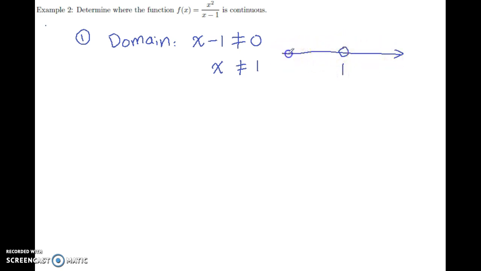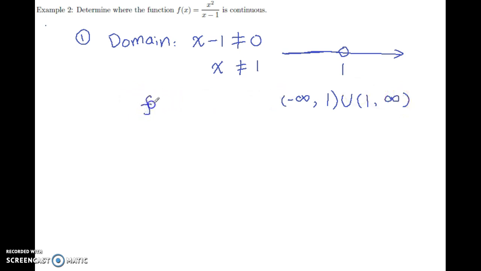So from left to right, it's negative infinity to 1, we cannot take 1, union from 1 to infinity. So that is the domain and that is the interval we want to investigate.